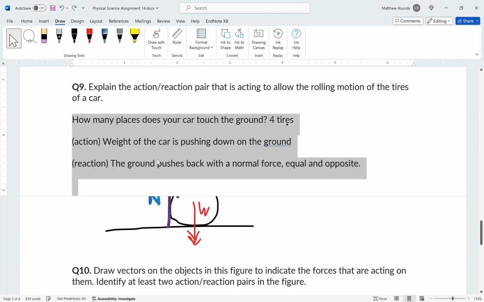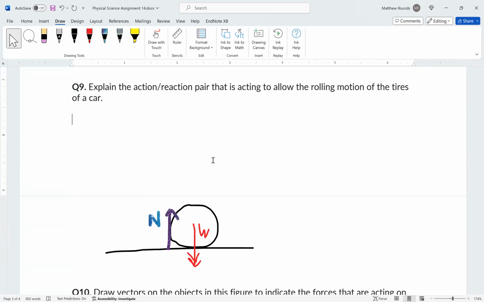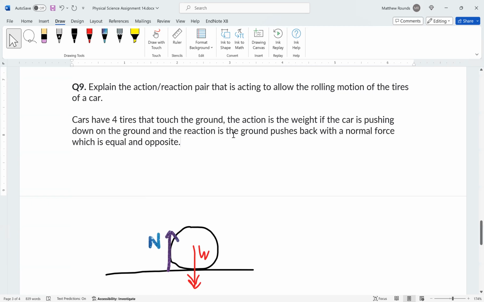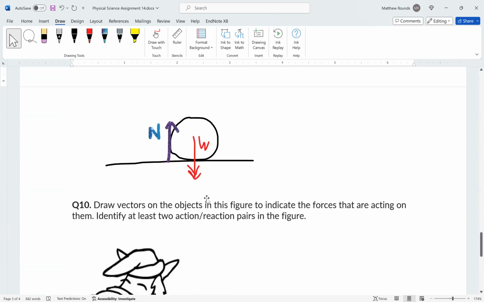Yeah, we can. All right. Cars have four tires that touch the ground. The action is the weight of the car that is pushing down on the ground. And the reaction is the ground pushing back with a normal force which is equal and opposite to the weight. All right. Very good.